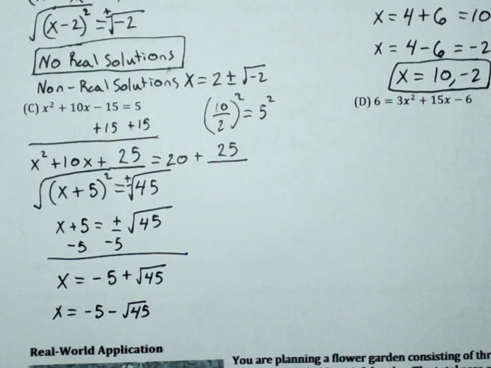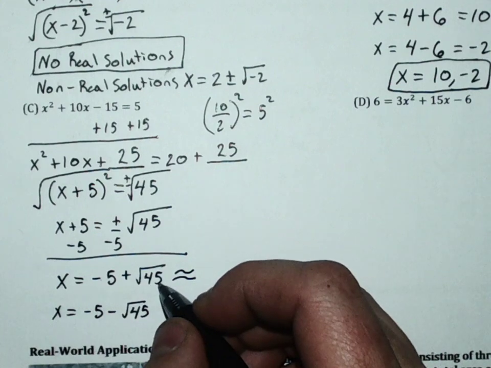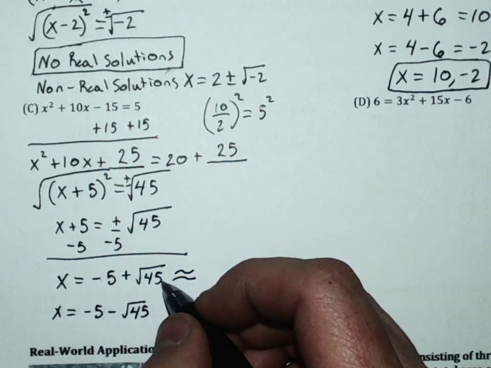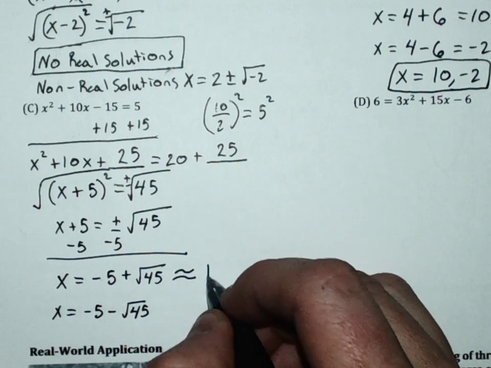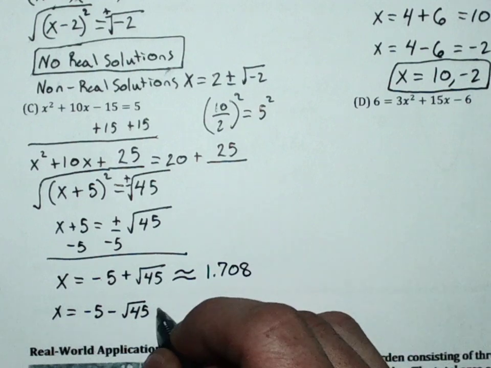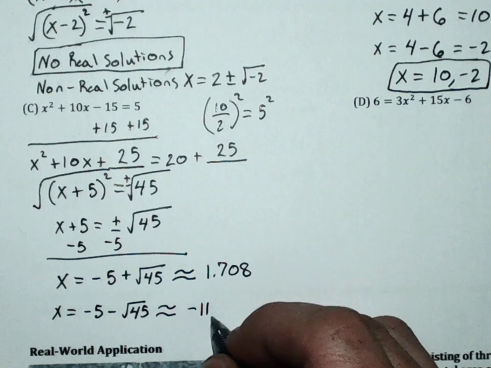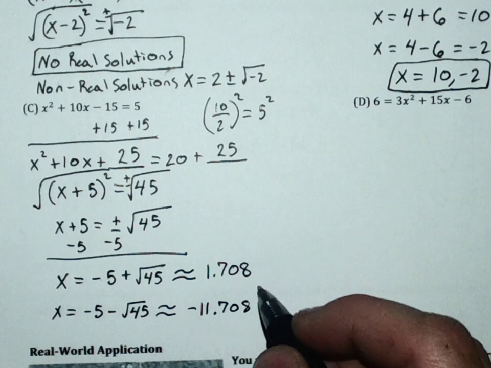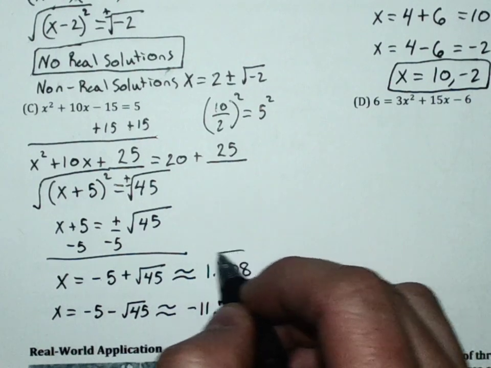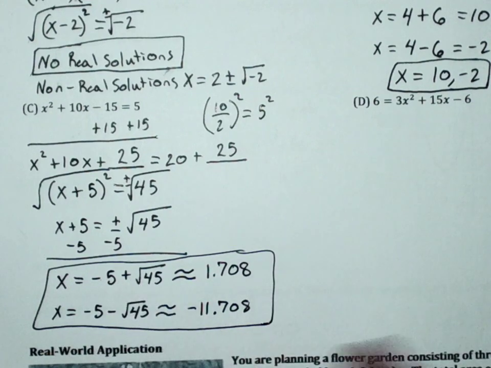Now if you plug those into your calculator and check what they equal, you get two statements that x is approximately negative 5 plus the square root of 45 is 1.708, and negative 5 minus the square root of 45 is negative 11.708. Your two approximate answers. Your two exact answers.